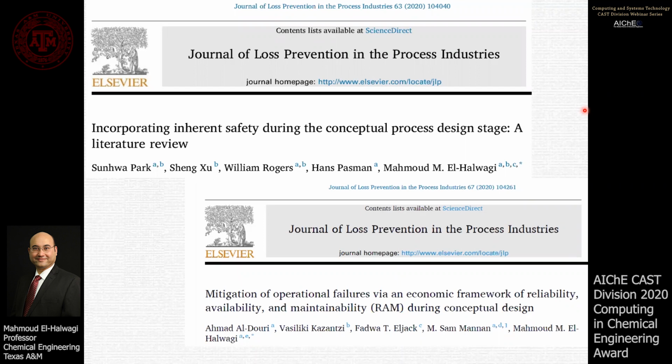Also, as shown by the work of my PhD student, Ahmed Al-Douri, in collaboration with Drs. Kazansi, El-Jack, and the late Professor Mannan, it is also possible to develop an economic framework for including reliability, availability, and maintainability to help process designers include those aspects during conceptual design.